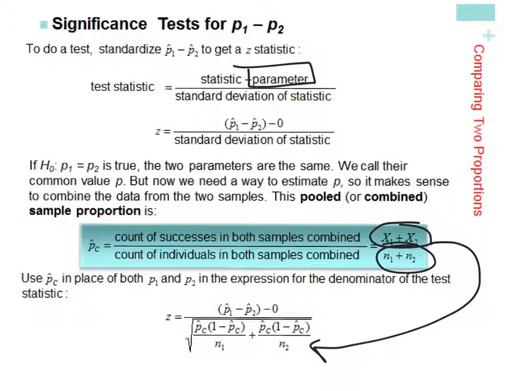Okay, what's going on there is in a test, H0 says that P1 and P2 are equal. So when we calculate our z-score, we should have our combined proportion that reflects the most likely number that it would be if the 2 were the same. Okay, it depends on the successes, it depends on the sample size. When you run the test in the calculator, it'll give you the combined proportion as well.